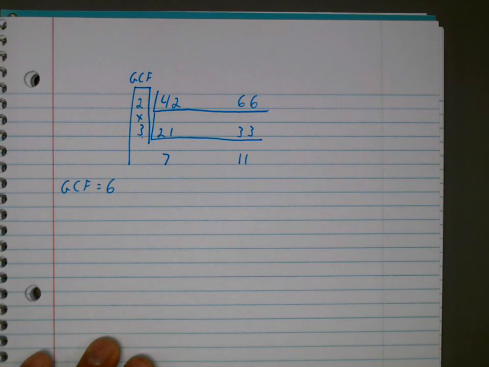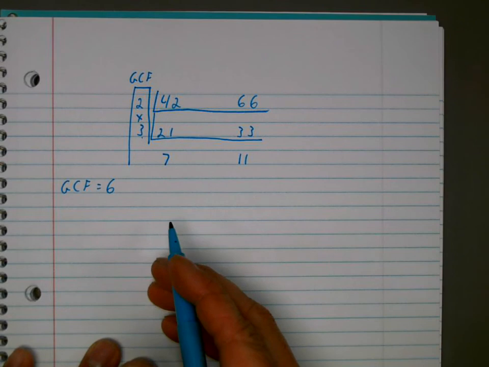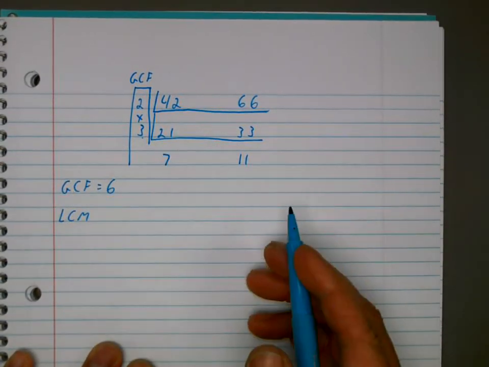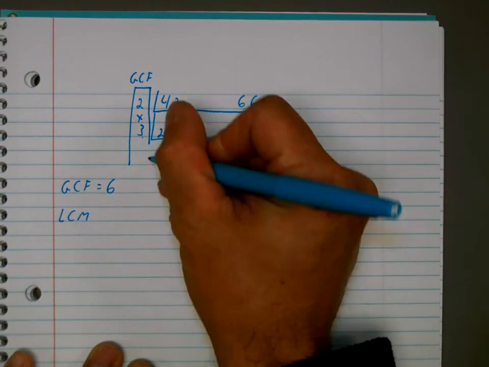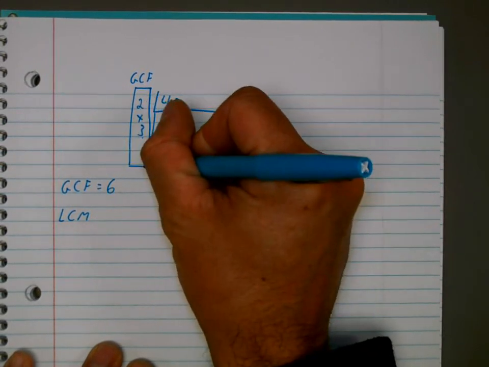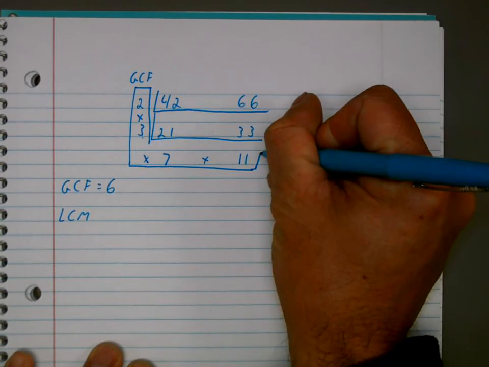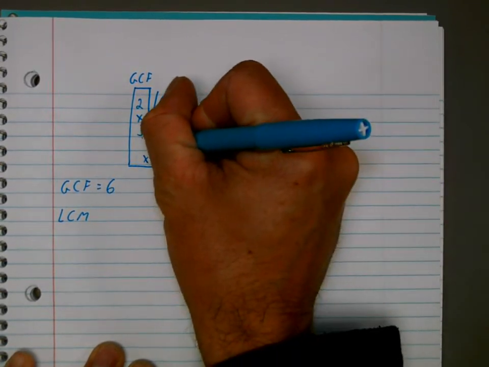If I want to find the LCM, so again, the least common multiple, I would have to multiply 2 times 3 times 7 times 11. You can see I'm going to finish my L here.